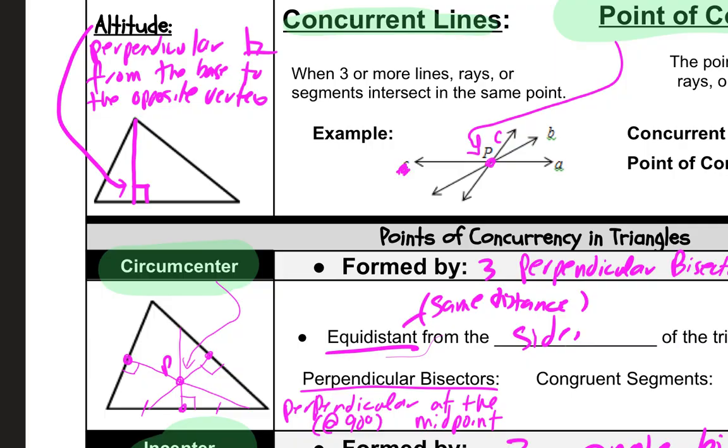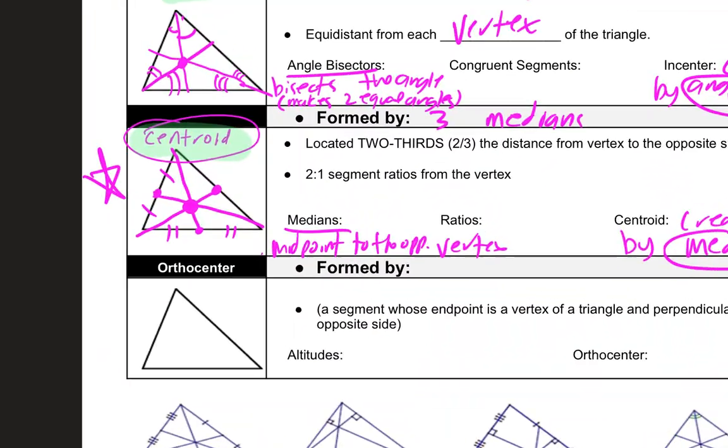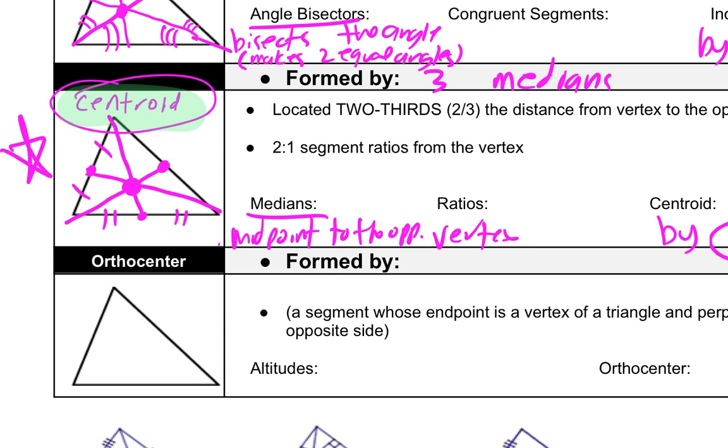Okay, so keeping that in mind, let's go ahead and go with our last one. The last one we're talking about is called the orthocenter. The orthocenter is formed by 3 altitudes. We said those altitudes are perpendicular from base to the vertex, right?